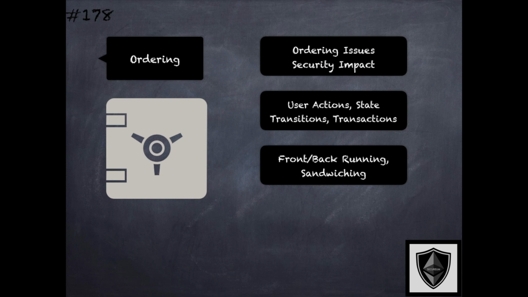Attackers can front-run or back-run user interactions to force assumptions on ordering to fail. Front-running is when the attackers race to finish their transaction or interaction before the user. And back-running is when they race to be behind or right after the user's transaction or interaction.